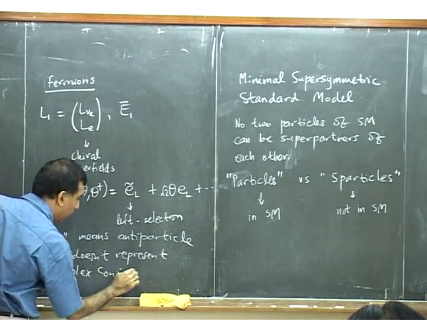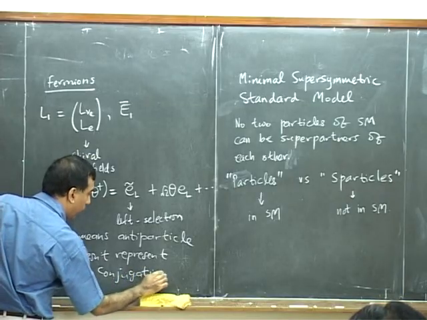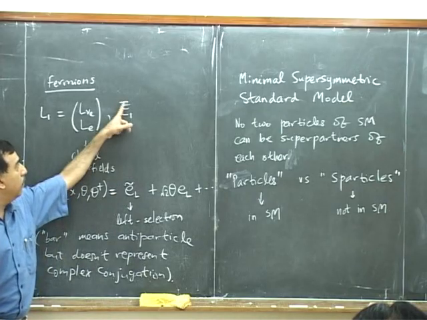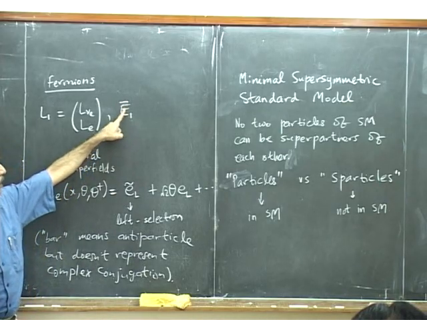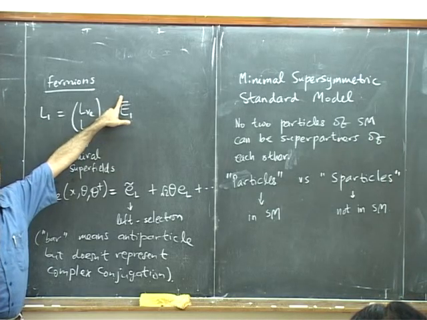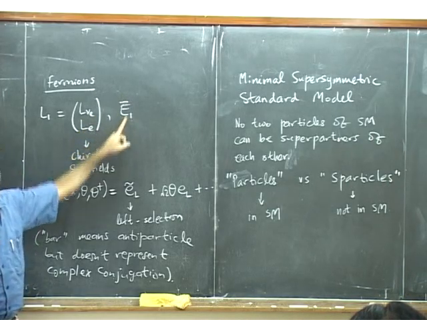Dagger on fermion, star on boson. In other words, E bar 1 means the anti-electron. Since there is no complex conjugation, this is a chiral superfield.